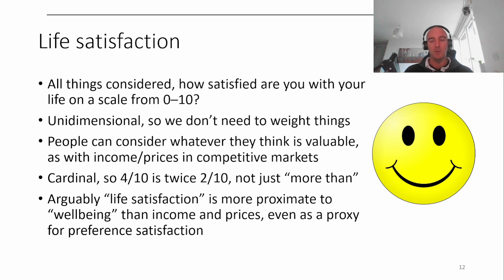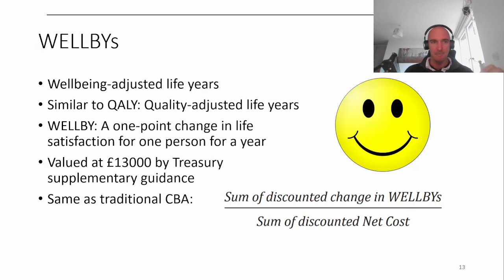It helps us make comparisons and helps us think about how much compensation people deserve. A further issue is that life satisfaction is arguably more proximate to well-being than income and prices, but remember that income and prices are treated as a proxy for preference satisfaction in economics. We're not trying to maximize people's income. We're not trying to minimize prices. We're trying to help people to realize as many preferences as they can.